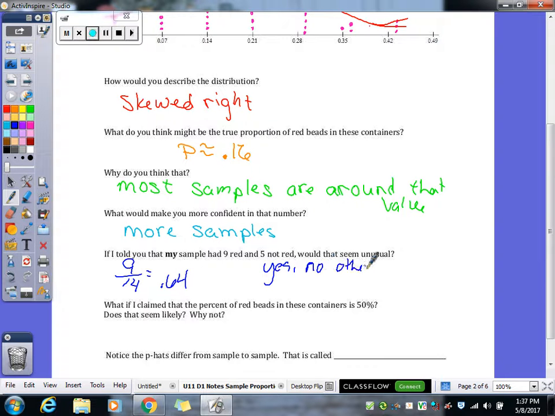No other values were anywhere near there. What if I claim that the percent of red beads in this container was 50%? Would that be accurate? No, why not? Exactly, no, because none of our values are anywhere near 0.5.